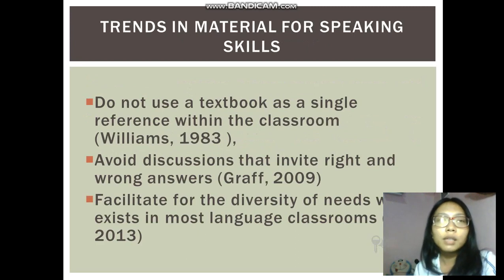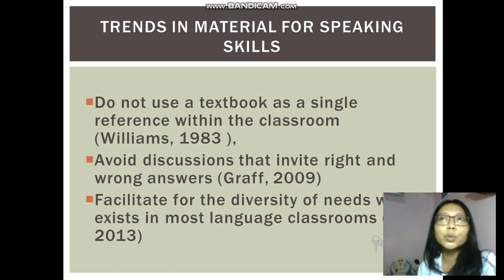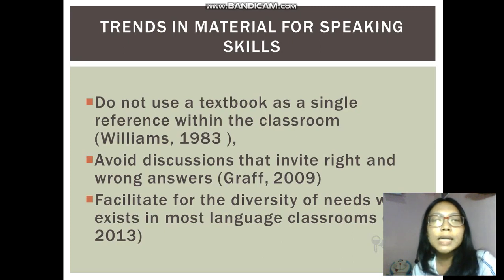Next, there are some trends in materials for speaking skill. Williams 1983 said not to use a textbook as a single reference within the classroom. Why? Because relying on a textbook indicates that the teacher lacks the ability to make creative material for speaking.